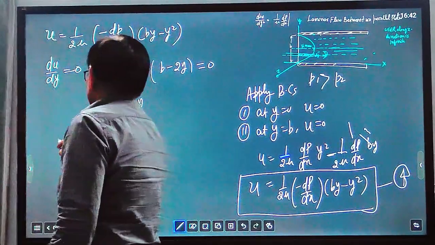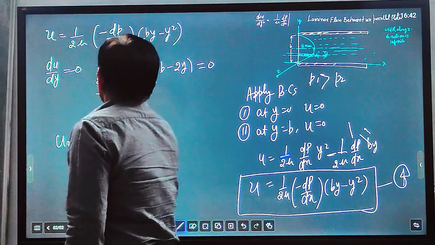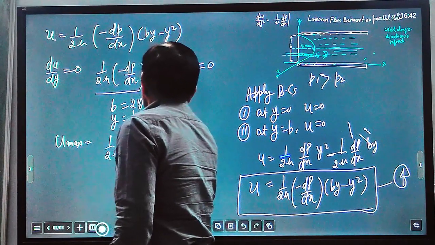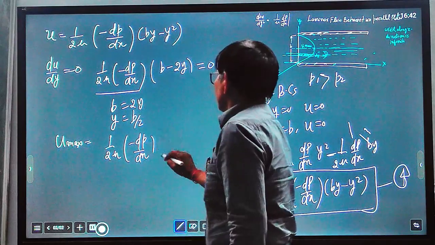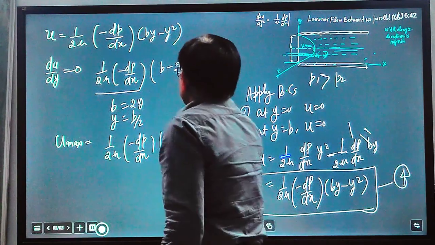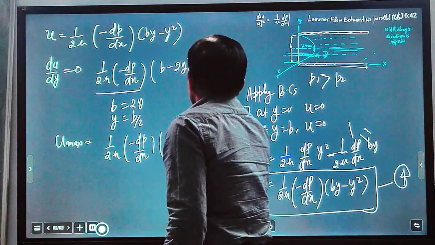So what is the maximum velocity? U maximum equal to 1 upon 2 mu, minus dp over dx, with y equal to b by 2 in b y minus y square, that is b square by 2 minus b square by 4.